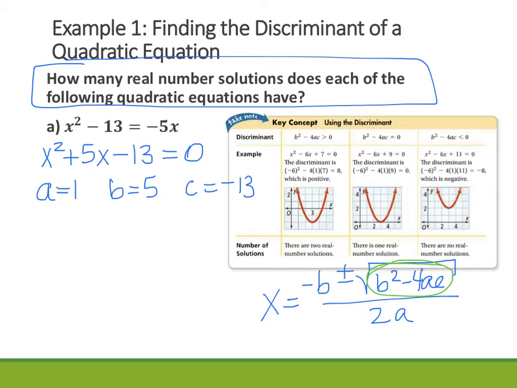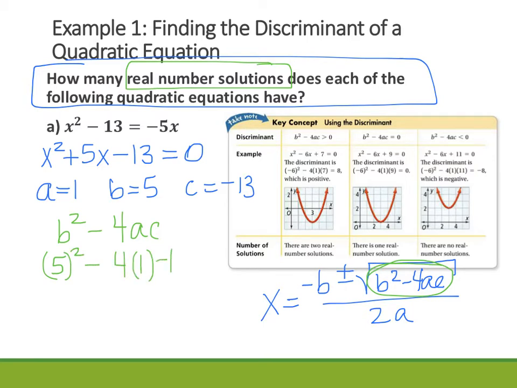Since I'm asked to find out how many real number solutions the following quadratic equation has, I'm just going to plug in for the discriminant and then use my chart here to help me make a decision. So b squared minus 4ac is the discriminant. I'm going to say that 5 squared minus 4 times 1 times negative 13.